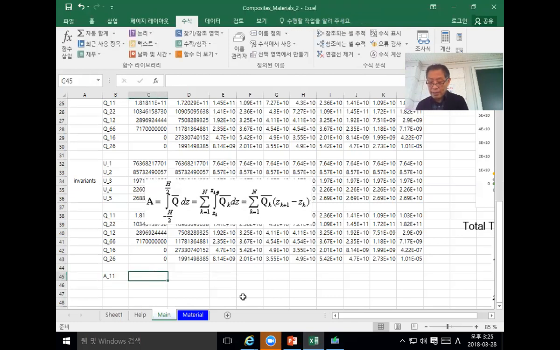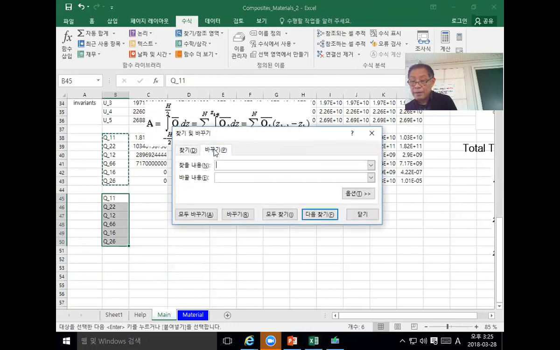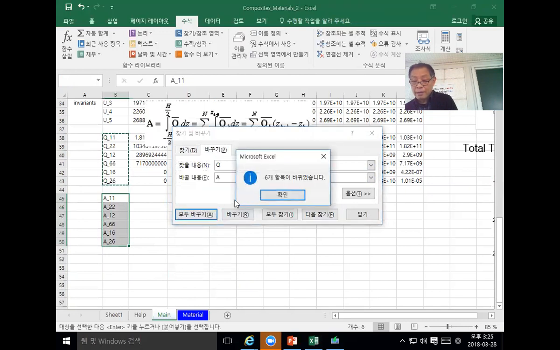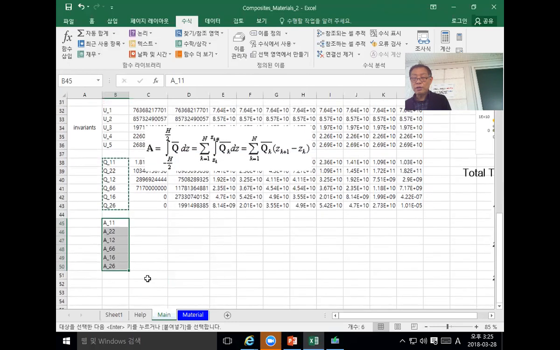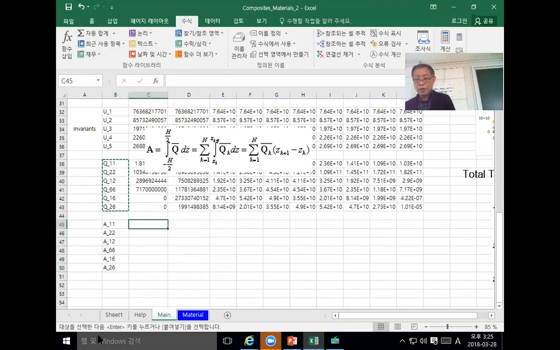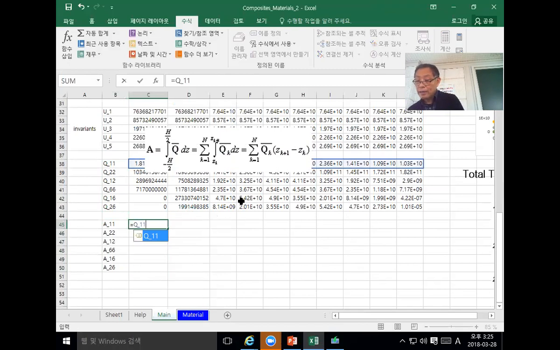So how many terms do we have? We have A22, and the same here. So we have A11, A22, and so on, and we will sum them up. So here equals Q11, okay?